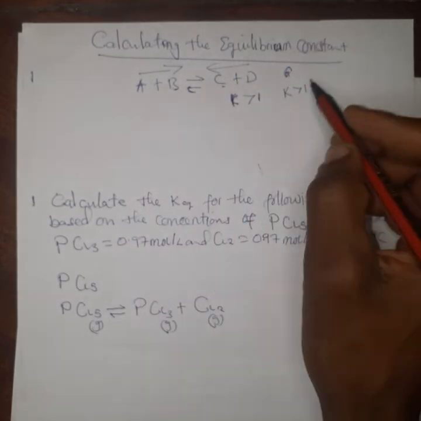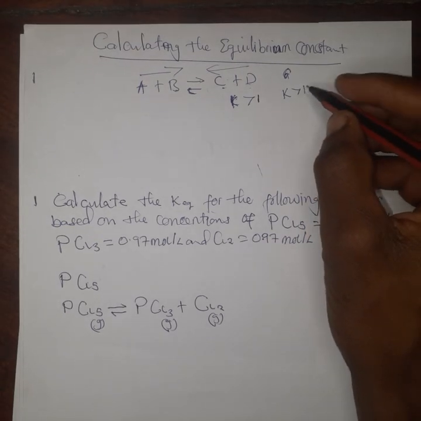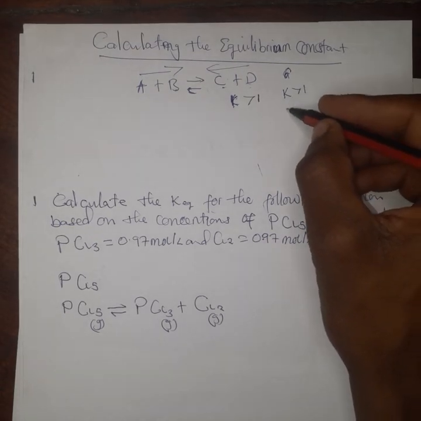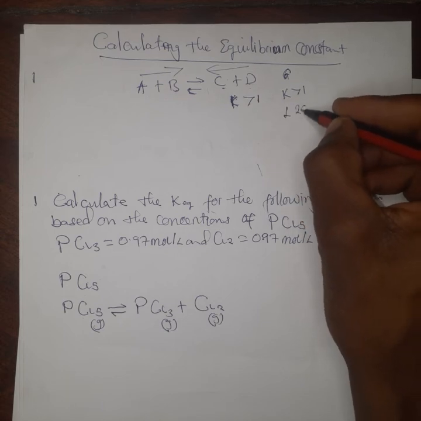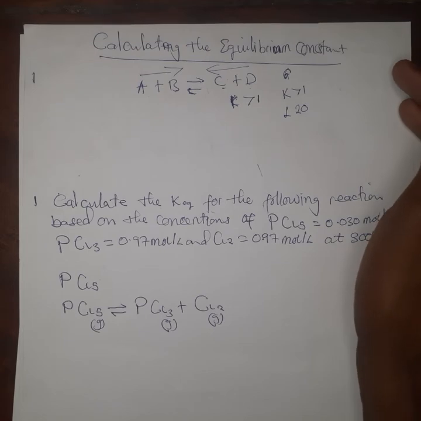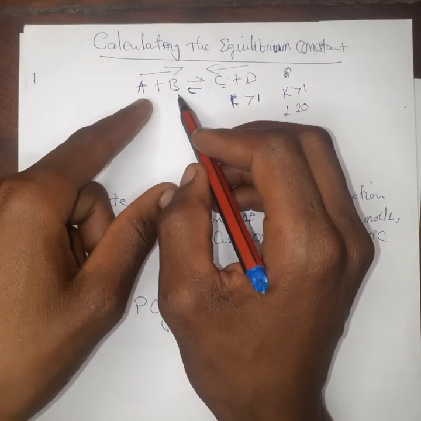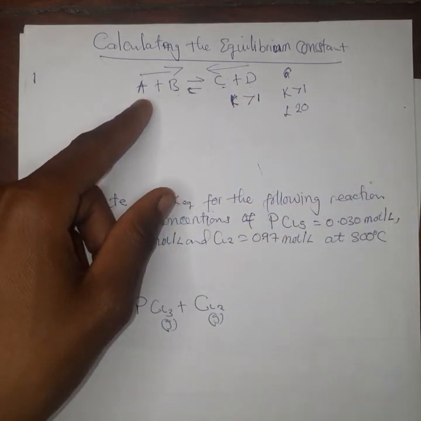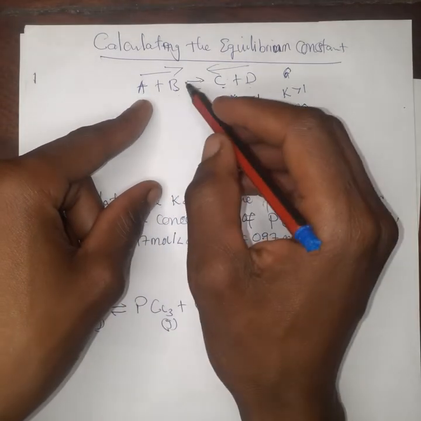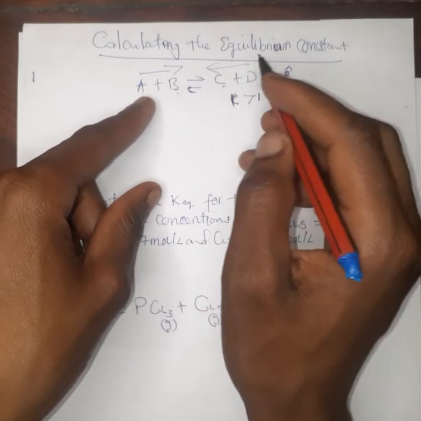But when it is very big, for example if the constant is about 20, 30 and above, it shows that the reactants are heading towards completion, meaning they are almost used up completely.